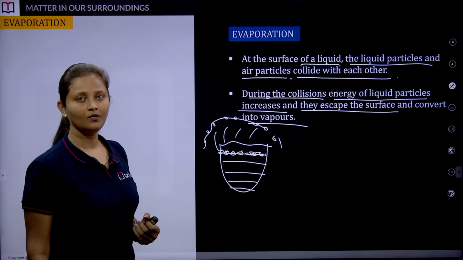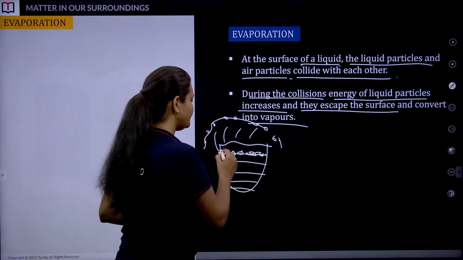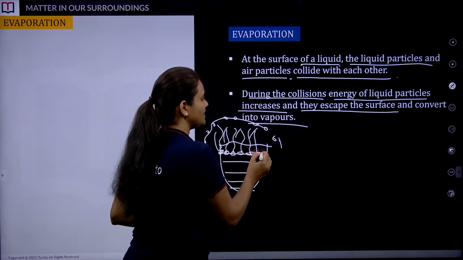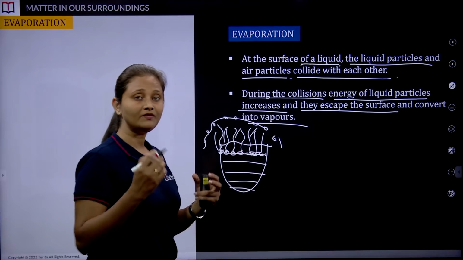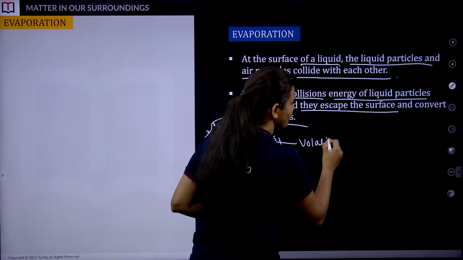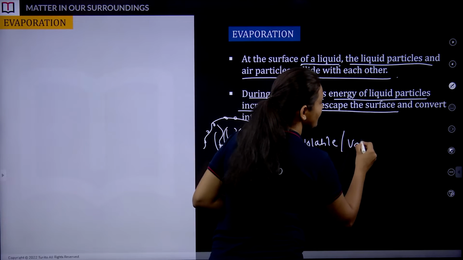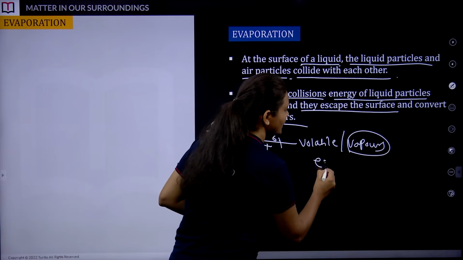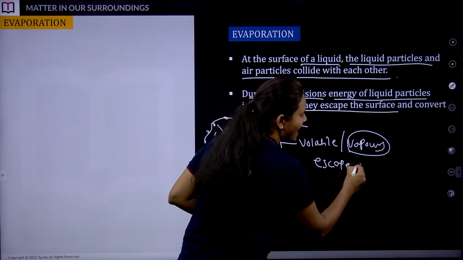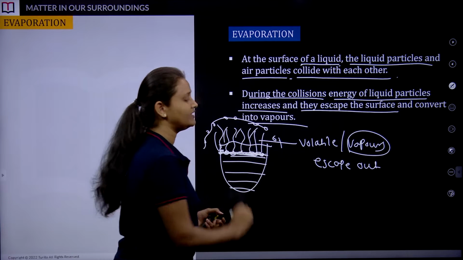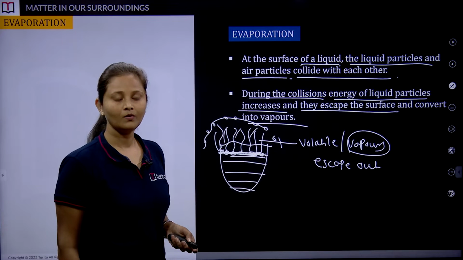Vapors. They are going to escape, they won't be here after escaping. That's why we say they are volatile, or they are forming vapors. They are escaping out from the surface of the water which we have taken in the bowl.